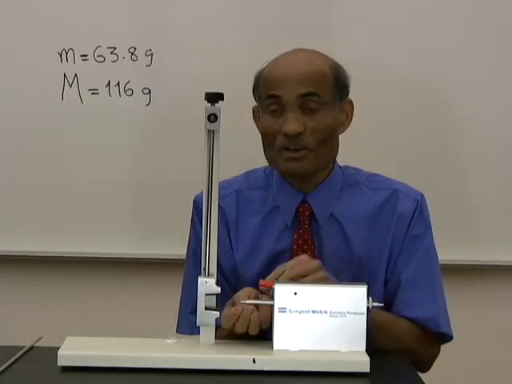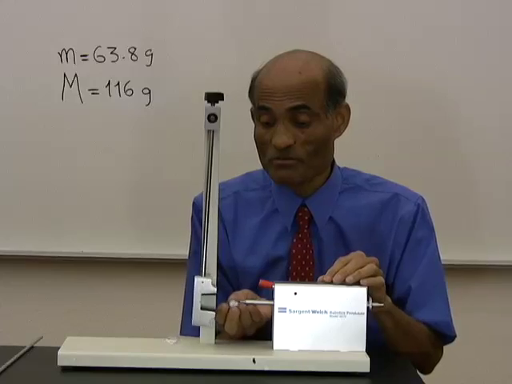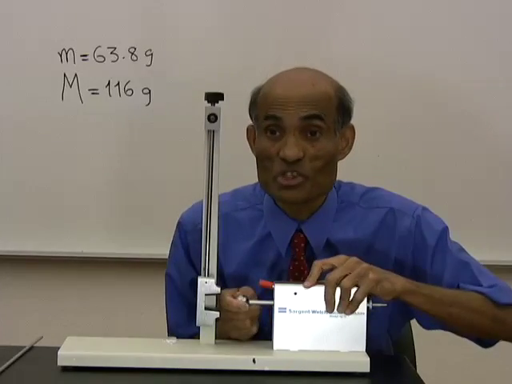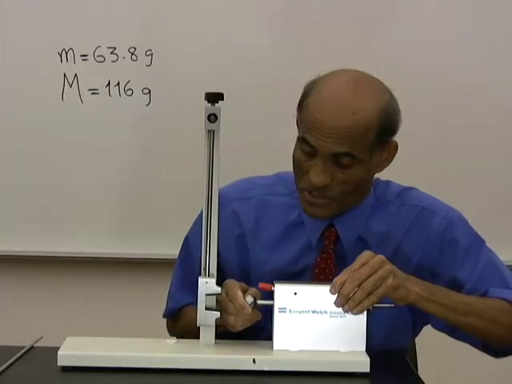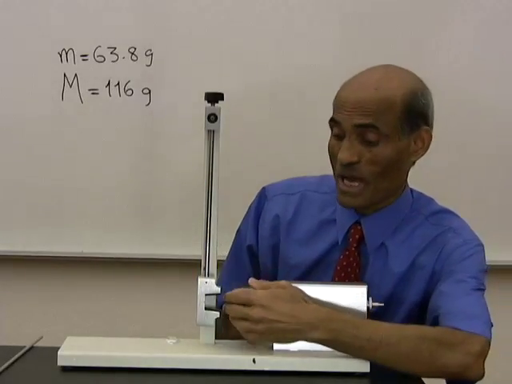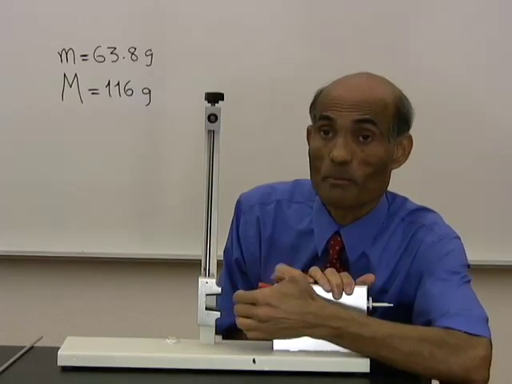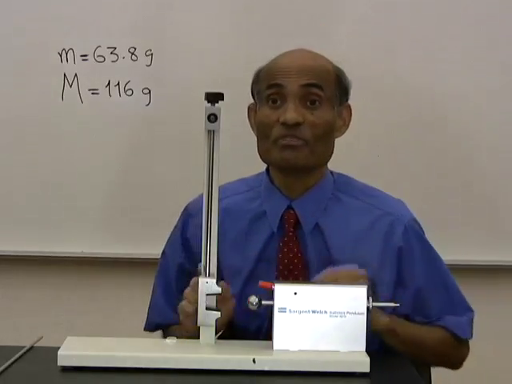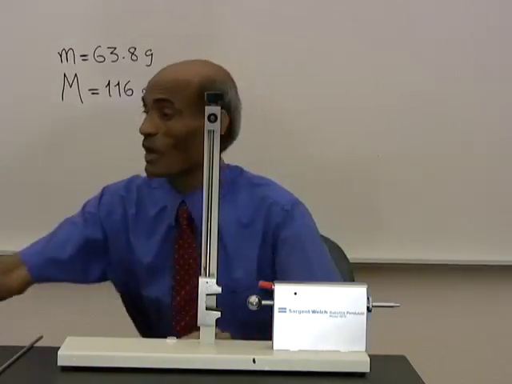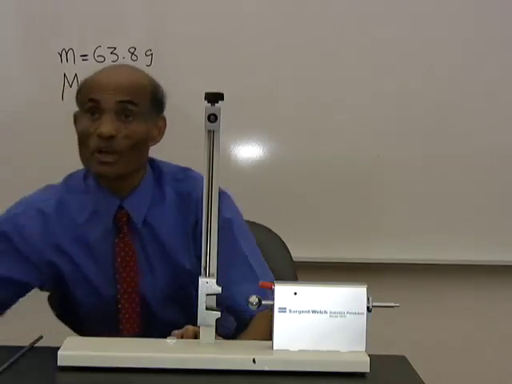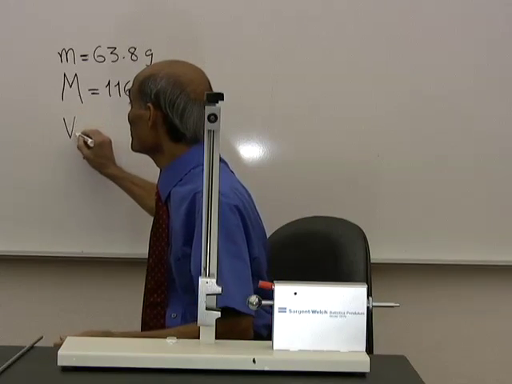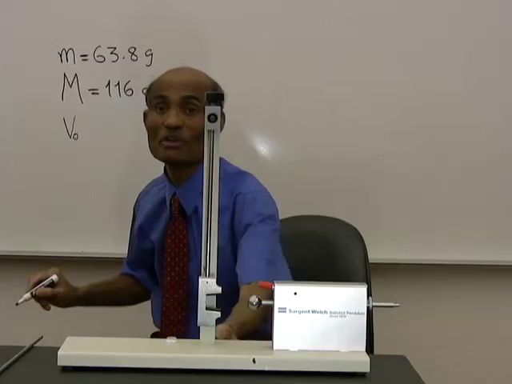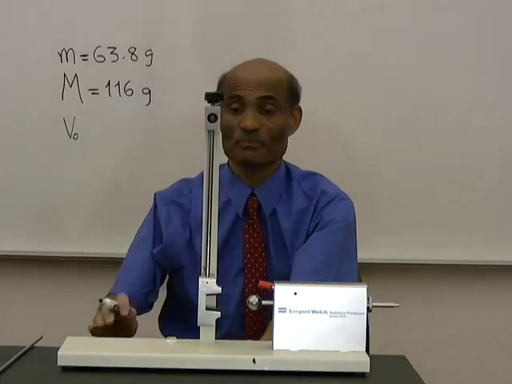So that means the velocity V0 will remain the same. Is that right? The same gun and the same ball are used, making sure that V0, the velocity of projection, will not change. Our aim is to measure the velocity of projection V0.